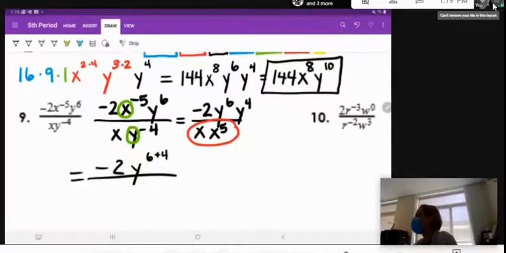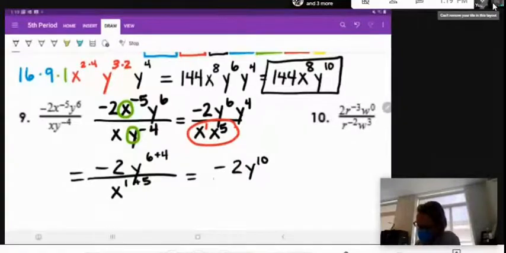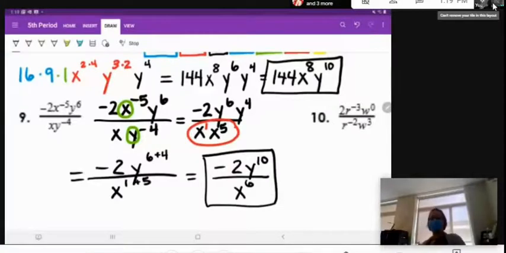We're multiplying x's together, so they have the same base, but one of them's missing an exponent. So let's write in a 1. And then we can add those exponents together. 1 plus 5. So we end up with -2 y to the 10th over x to the 6th.